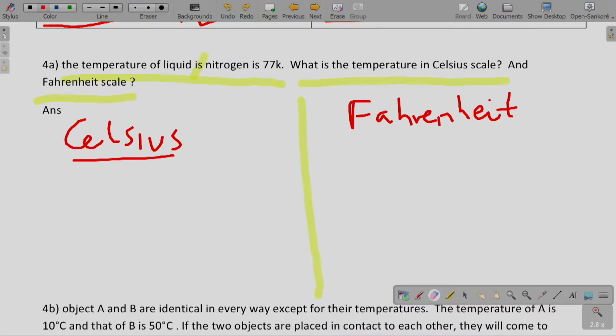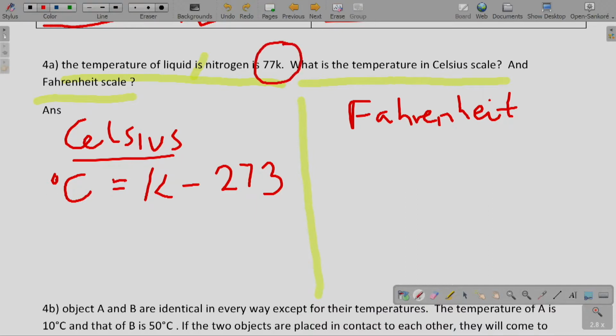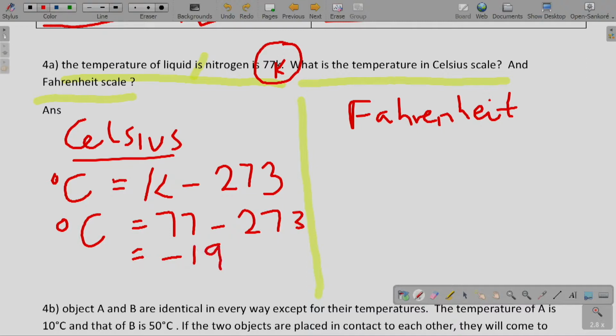From the formula I know that the temperature in centigrade is equal to the temperature in Kelvin minus 273. From this question, I have the temperature in Kelvin as 77 K. So in Celsius scale, the temperature is going to be 77 minus 273, which is negative 196 degrees centigrade, and this is the temperature in Celsius scale.